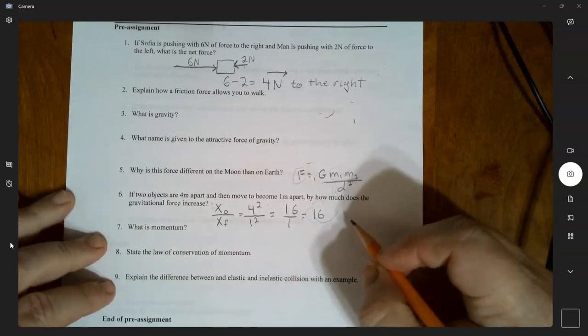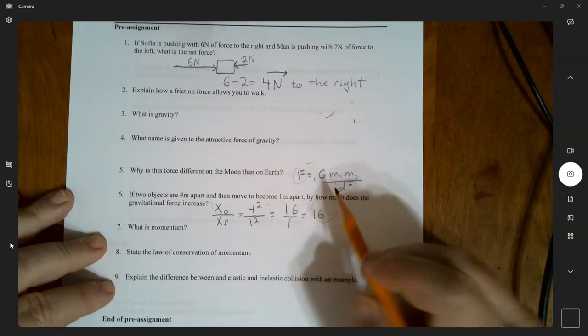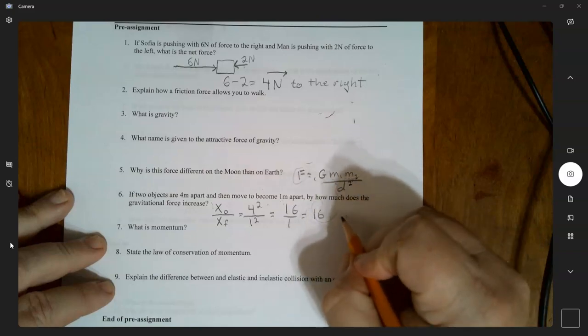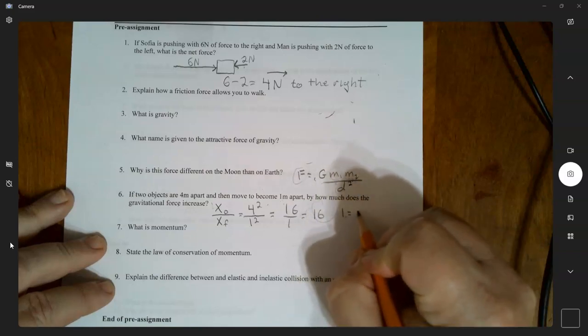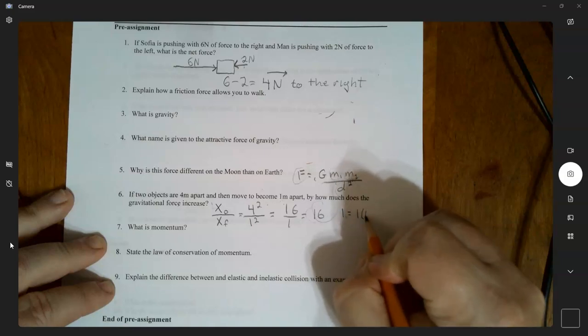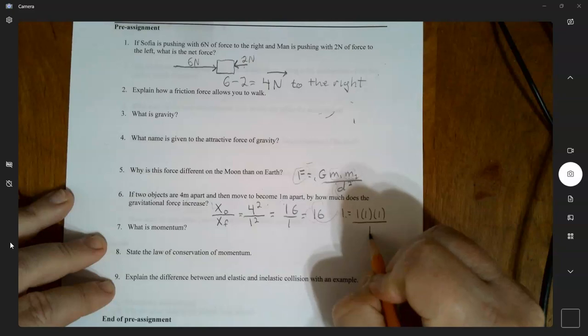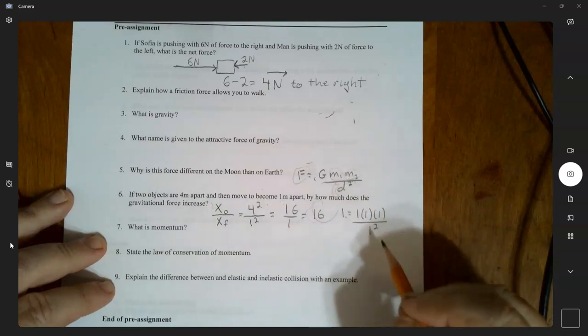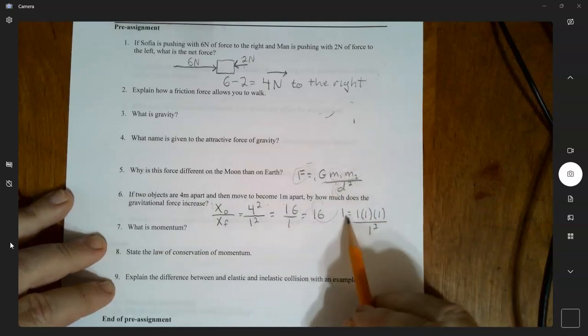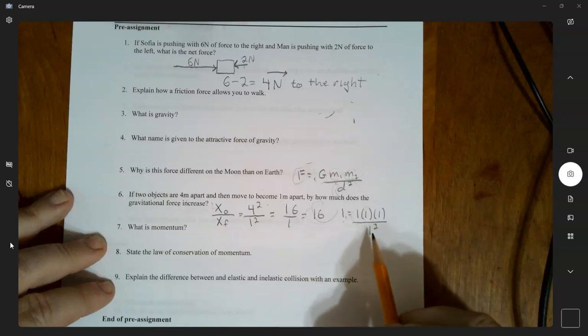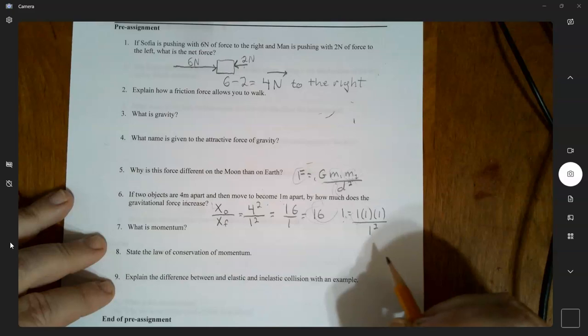Another way to do it is a factor of change. You take this equation and you set everything equal to 1. Everything is 1, so the force becomes 1. Now you say the distance is 4.